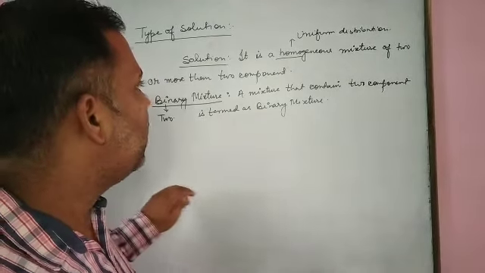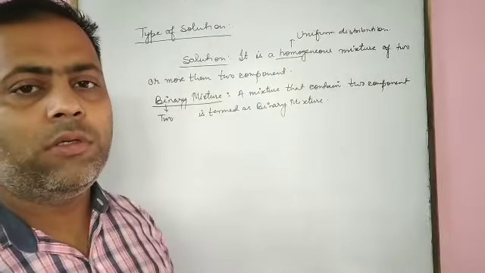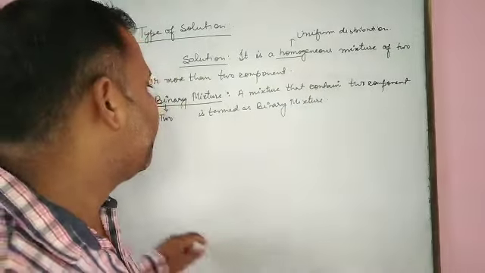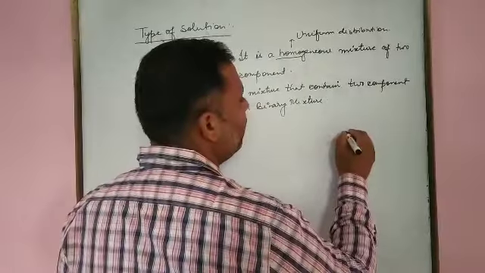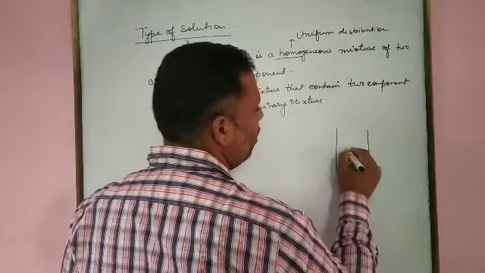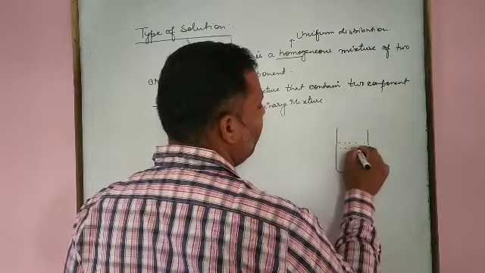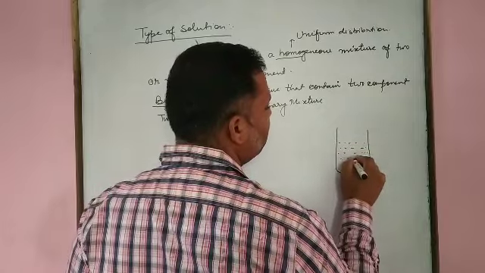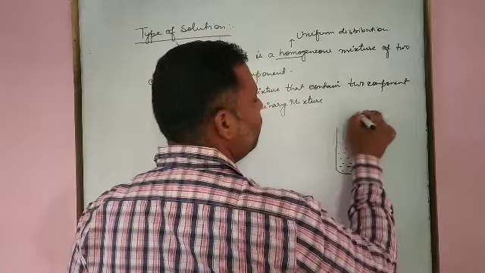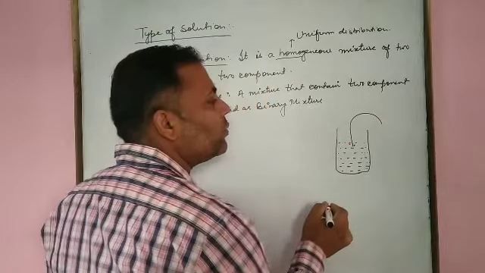The next thing is that we will know what is solute, what is solvent, what is solution. Let us see. If we have a beaker, in that beaker we have some water, and we add one to two teaspoons of sugar.